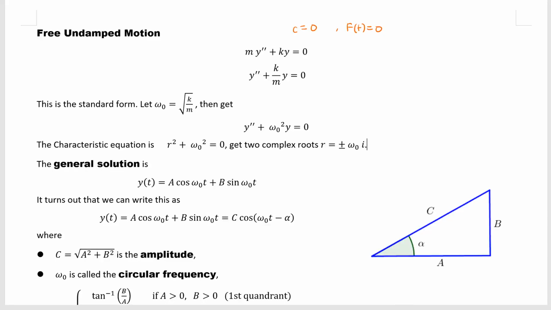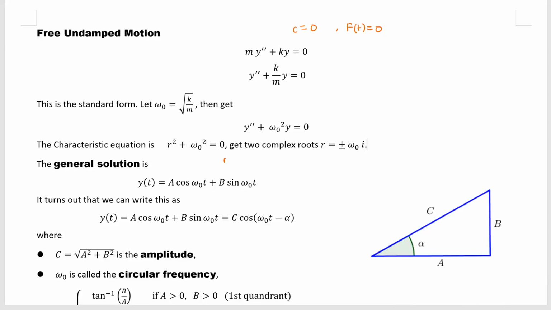Now let's let omega 0 be the square root of k over m. Then we get y double prime plus omega 0 squared y equals 0. Then the characteristic equation is r squared associated with y double prime and the constant term associated with y. So r squared plus omega 0 squared equals 0.